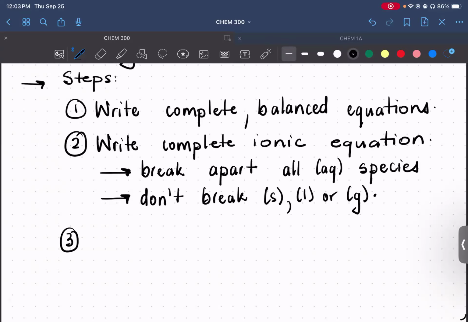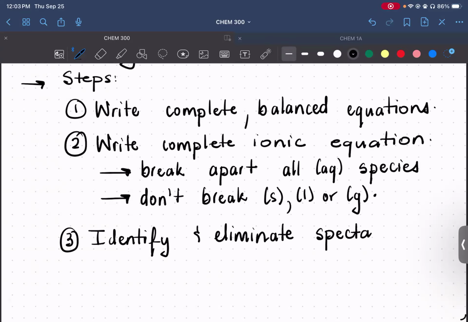Once we do that, we will then identify and eliminate all spectators. All right, that's a new word right there. Spectator is being used in this class, in this context. It becomes important for us to understand what a spectator is.